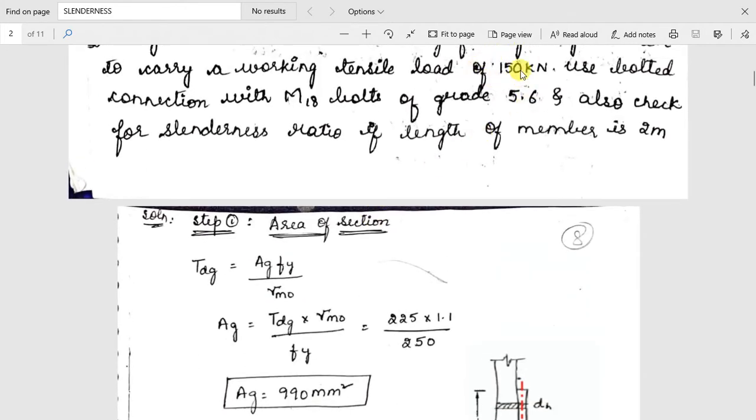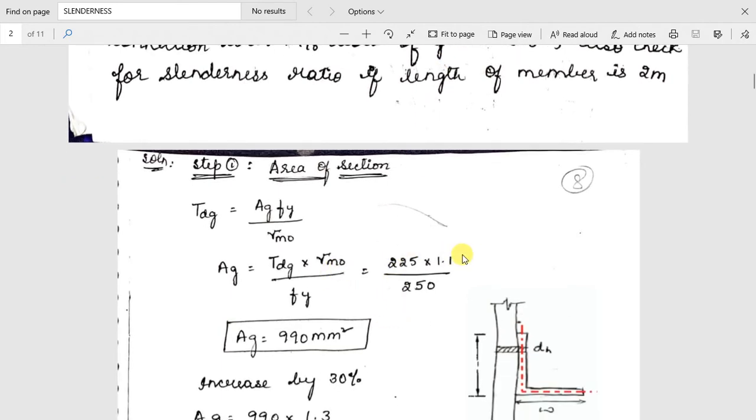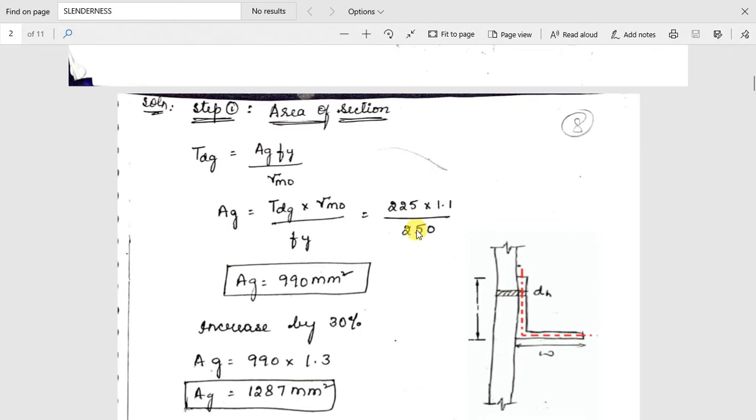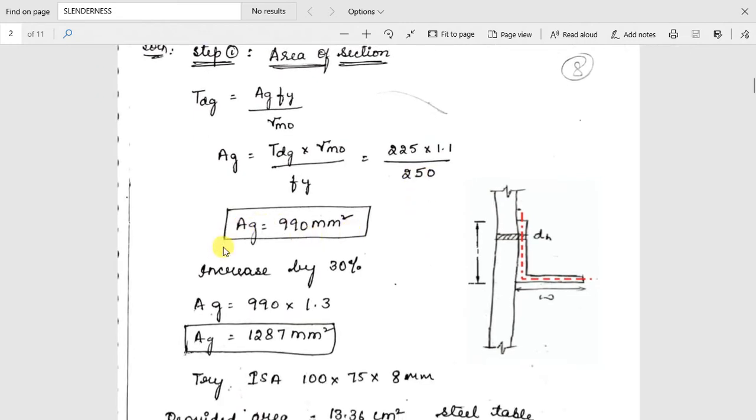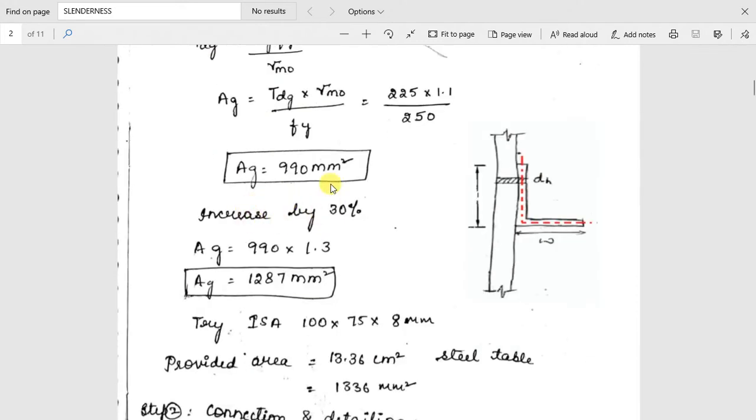The unfactored load acting is 150, so factored it will be 225, and gamma m0 is 1.1 and fy is 250. So now the required gross area for an angle section, particularly one angle section, is 990 mm square. Now we have to increase it by 30%. If you increase it by 30%, then the new area required will be 1287 mm square.